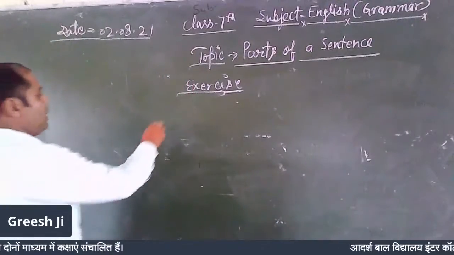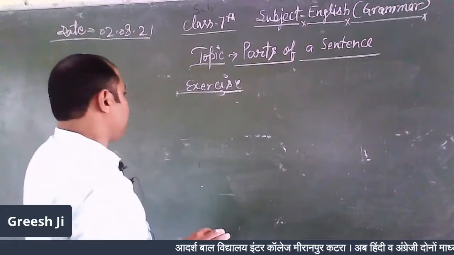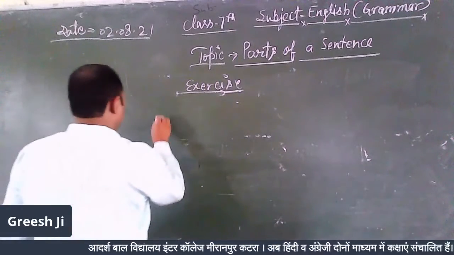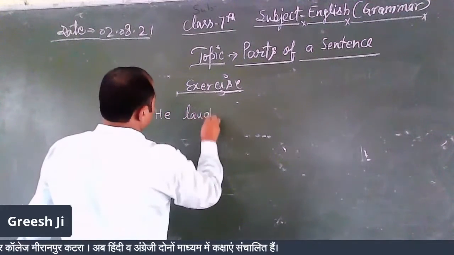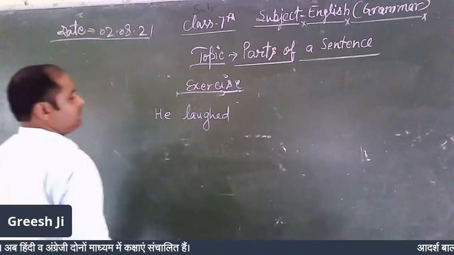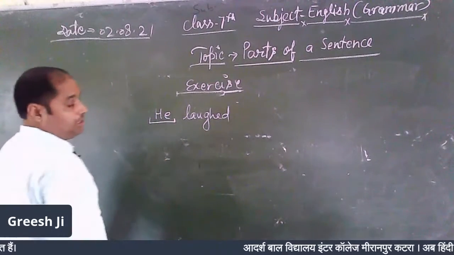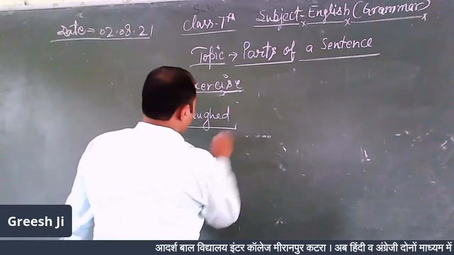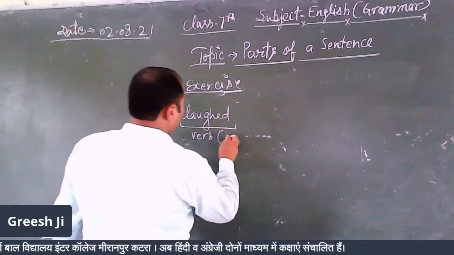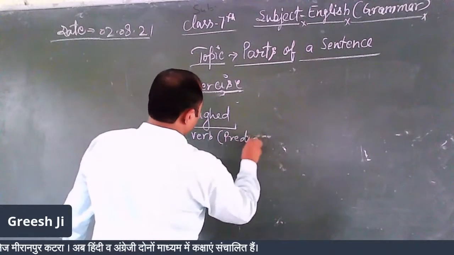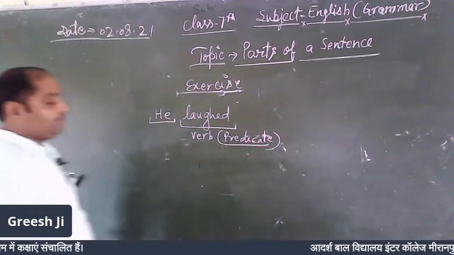Predicate can be made only through a verb also. For example, he laughed. Look here, students. Here, he is a subject. Laughed is a verb, but a part of predicate. Okay?